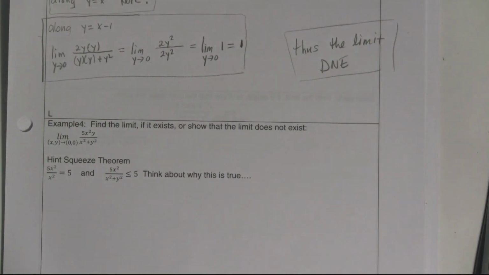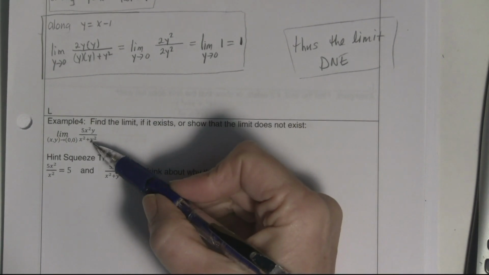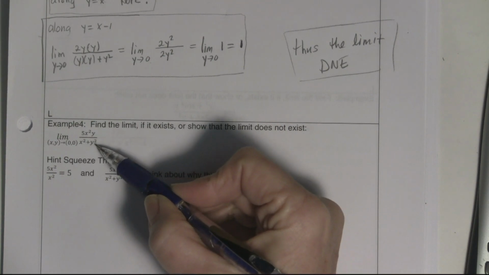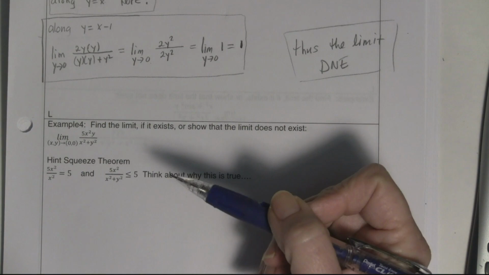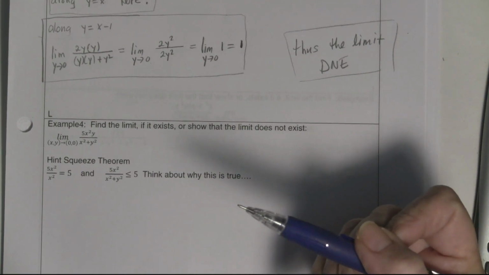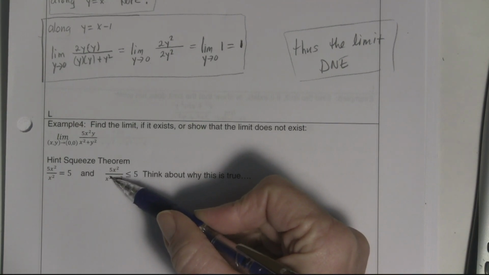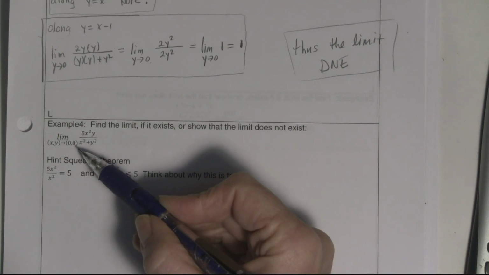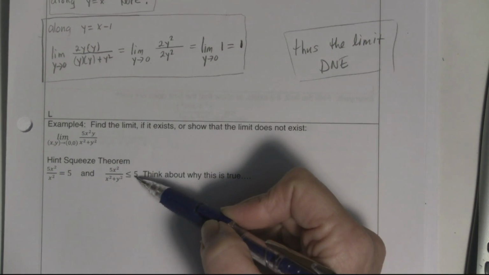Now, if you're thinking, well, why did you add y squared? It's because look at how close we are to what we have for our limit. And the other thing that I can say about this is that for every value of x, for every value of y, not just these particular values here, this is smaller than or equal to 5.